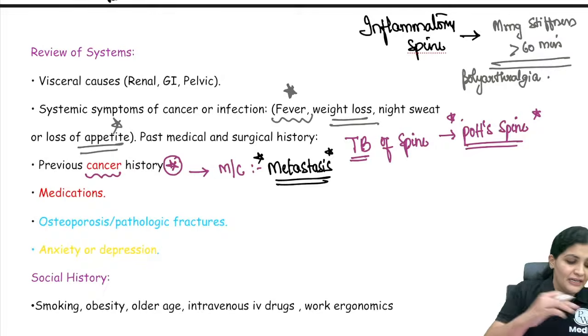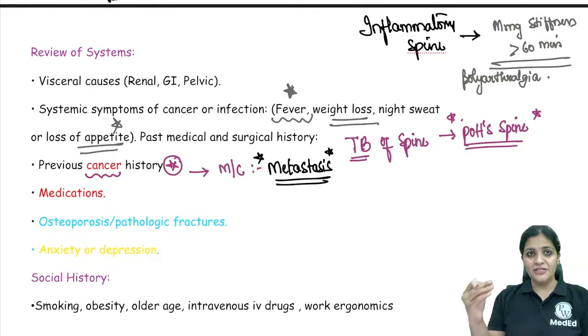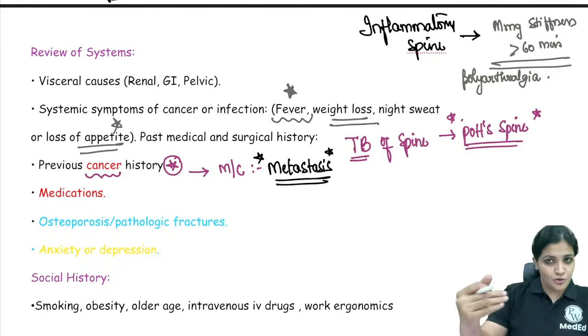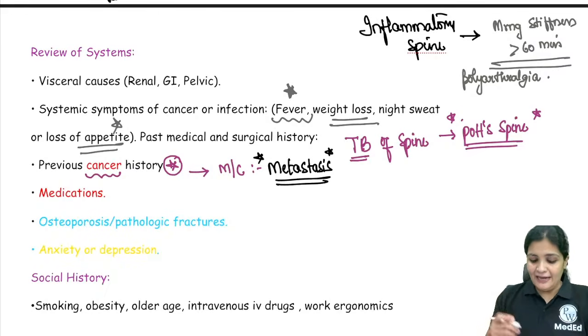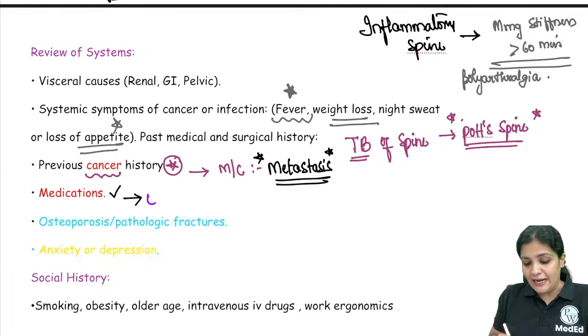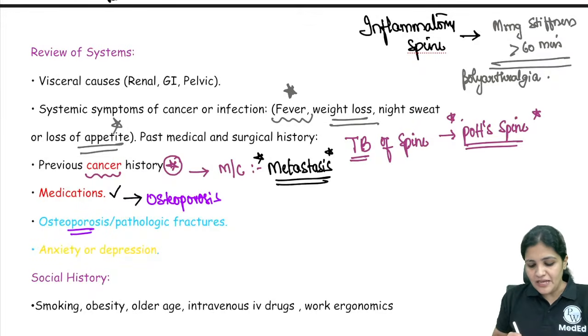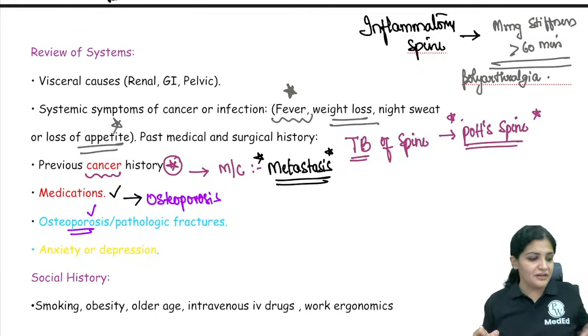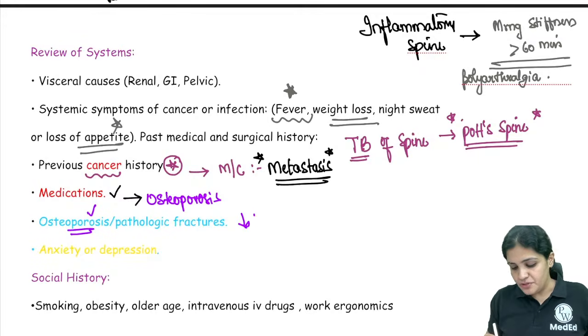So again, you have to take a relevant history of the patient, whether he has any previous history of tuberculosis, previous history of any cancer, right? And certain medications which might make the patient land up in osteoporosis, or the patient having directly decreased bone mineral density with osteoporosis, right?